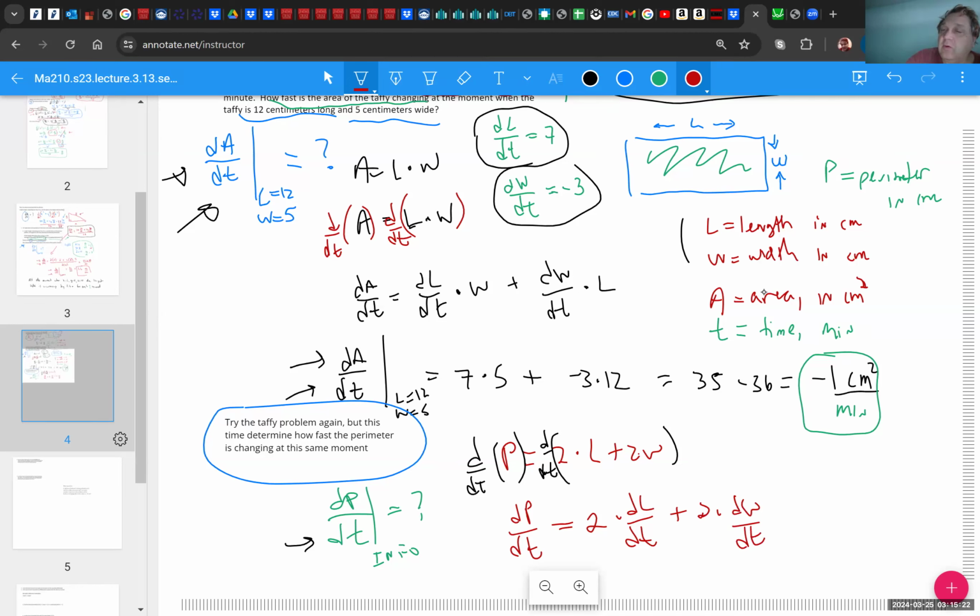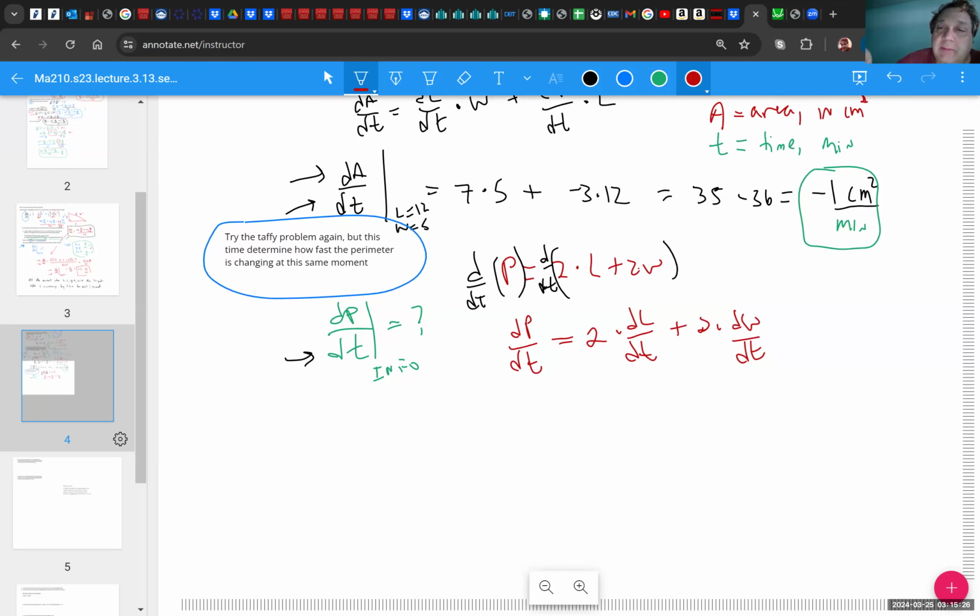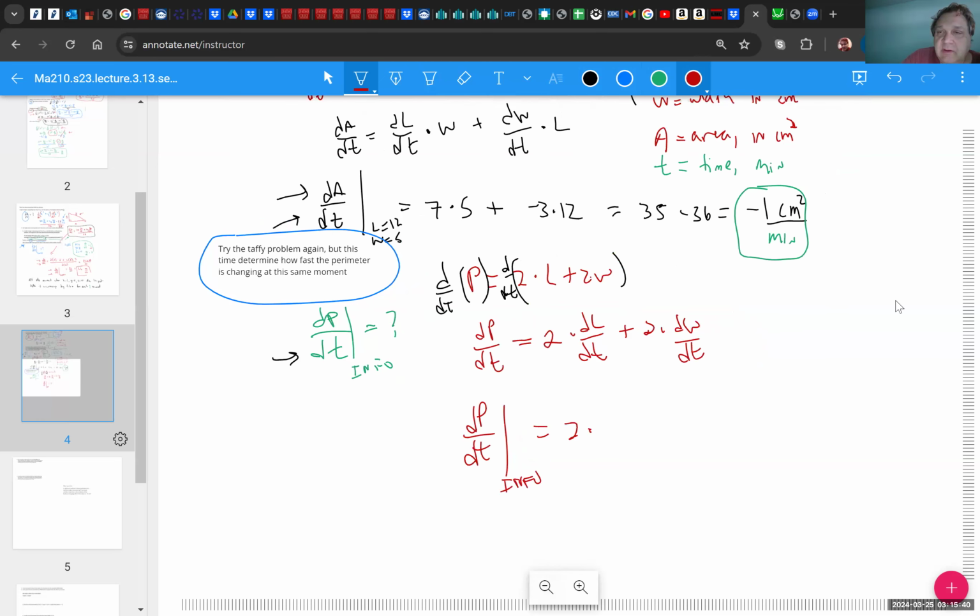And then just like before, we just plug in all the information and we get our answer for this bonus problem. So dP/dt at this given information is equal to 2 times dL/dt. Let me zoom out just a little bit.